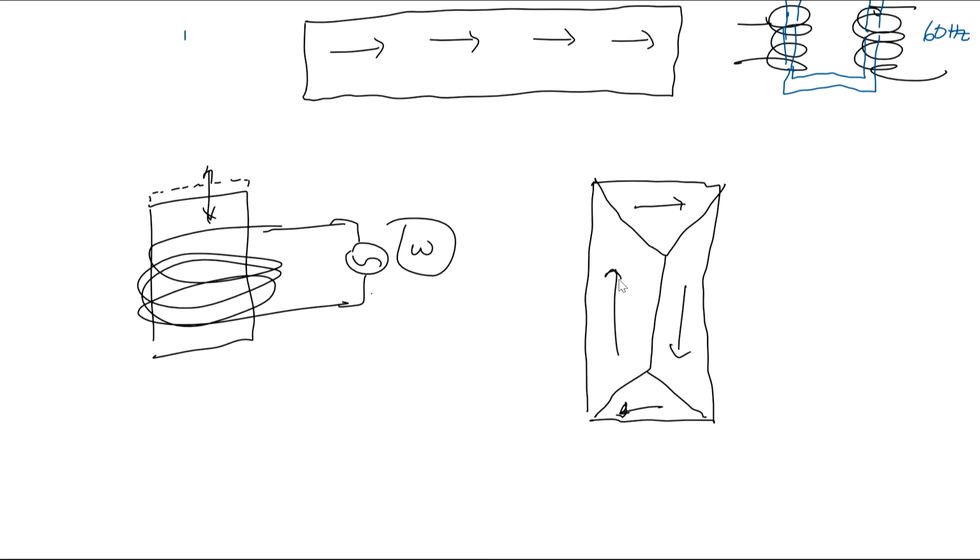It turns out that when you would like to form a domain, there are certain ways how domains can be formed. And in the domain structure, magnetostriction also plays a very important role.